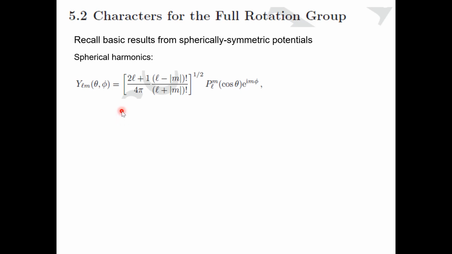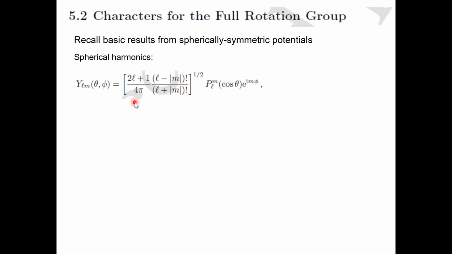What's important in group theory is only the angular part, which is described by spherical harmonics. These are solutions for the angular part of the Schrödinger equation of a system in a spherically symmetric condition.